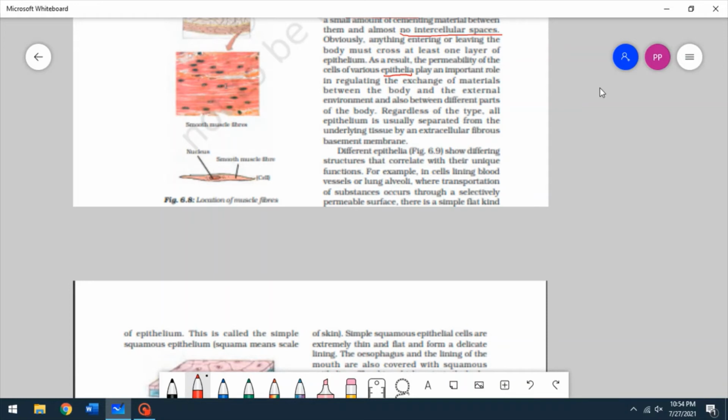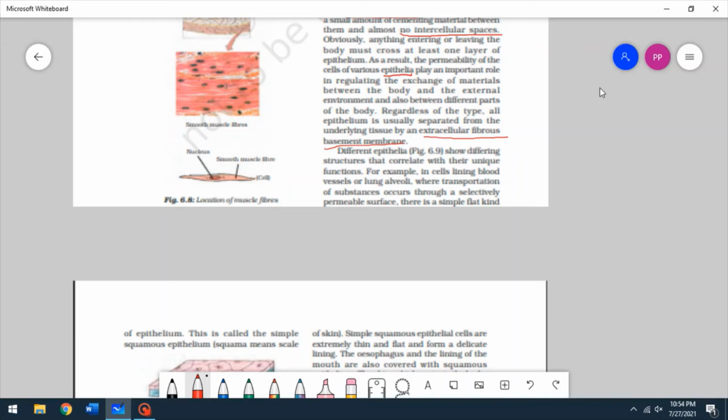Alright, and regardless of the type, all epithelia are usually separated from the underlying tissue by an extracellular fibrous basement membrane.